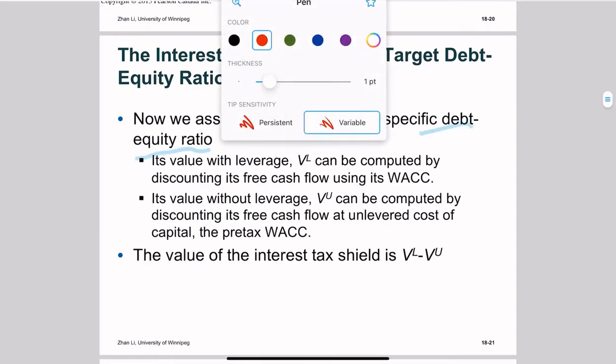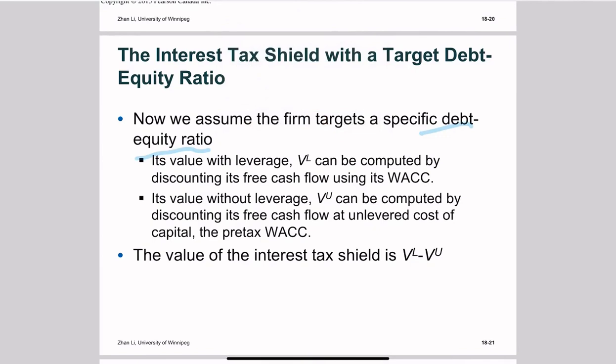And let's say we use VL to denote the levered firm value and VU to denote the unlevered firm's value. Obviously, by VL equals VU plus the present value of the interest tax shield, we know that the present value of the interest tax shield equals VL minus VU, right?